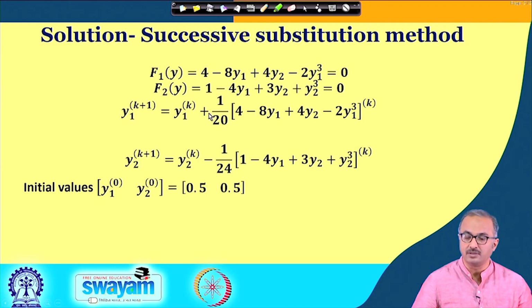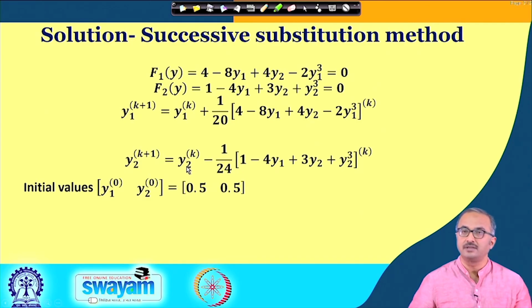Here I have shown one way of finding it out, you can have your other way. Like here we are taking from this particular equation the value of y1, and from this equation the value of y2. You may try some other way; here y1 we have taken with this particular expression and y2 from this expression.